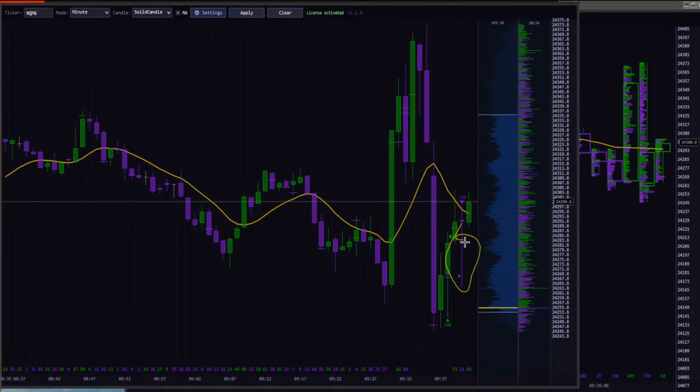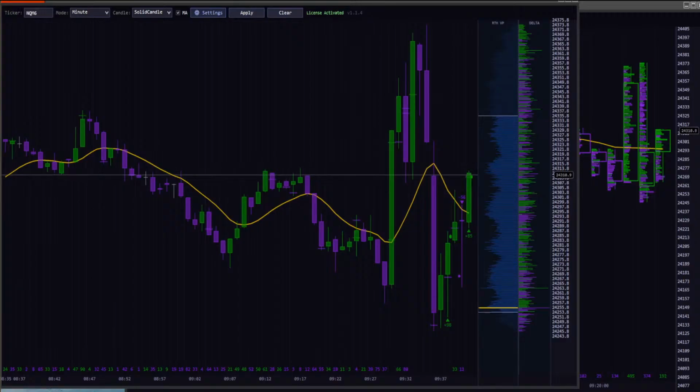You got a big wick right here. We've sold off. We're bouncing up off of the moving average. There's really nothing for me to do. I really have to wait. I don't see any large single order contracts coming in. We've got a delta surge of 85 right now. I need to wait.